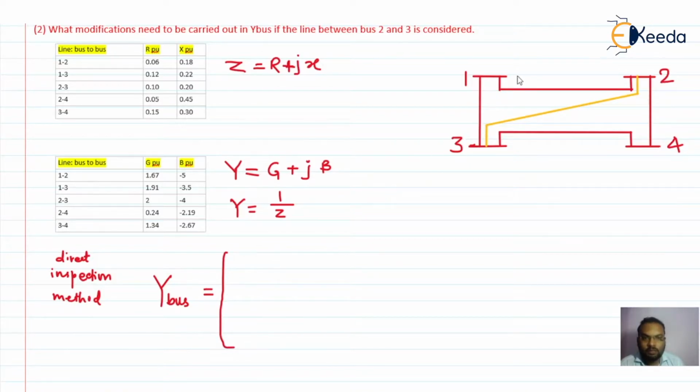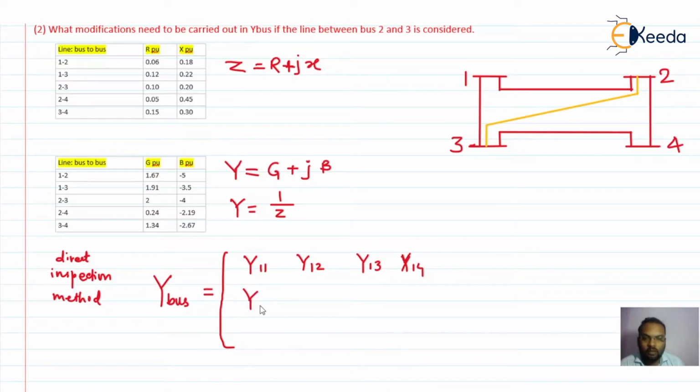So the first term will be Y11. The second term will be Y12, then Y13, Y14.